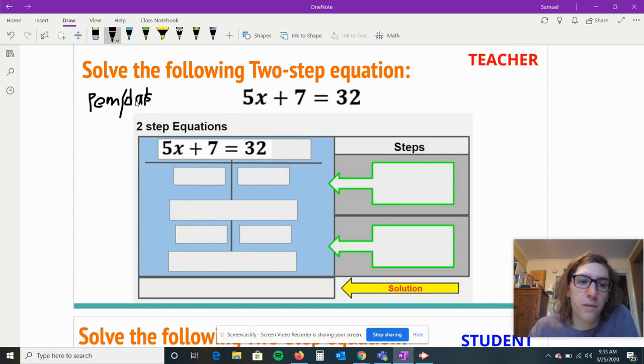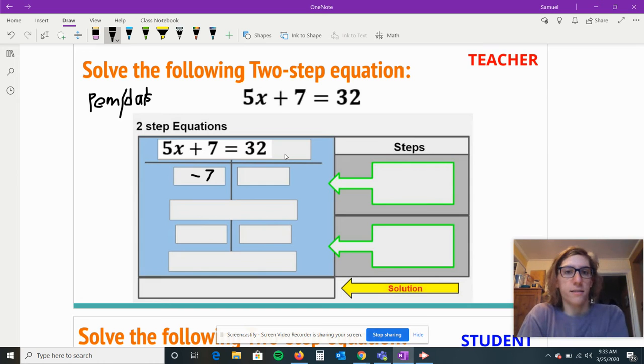So if we go backwards, we have to do addition and subtraction first, then any multiplication, division, exponents, and then parentheses. So let's start backwards. If we want to get x by itself, that's being multiplied. So addition and subtraction is going to come first, and it's farther away from the x. So I'm going to start with subtracting 7 over here.